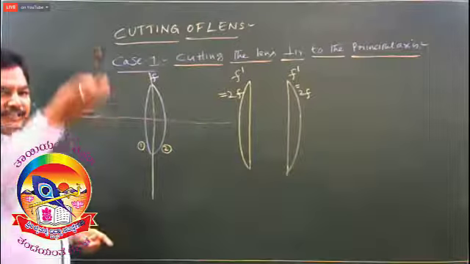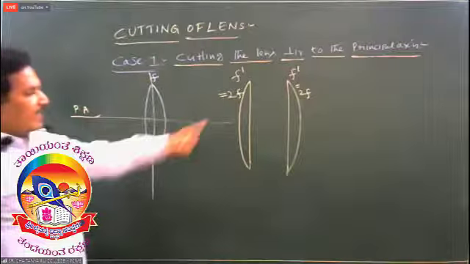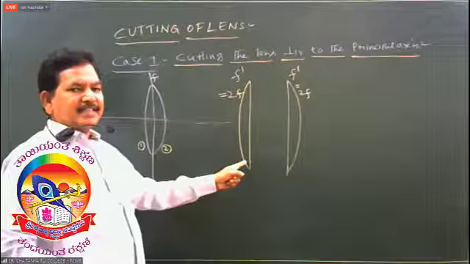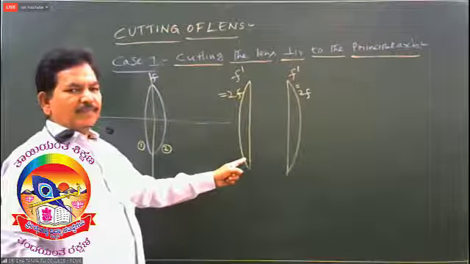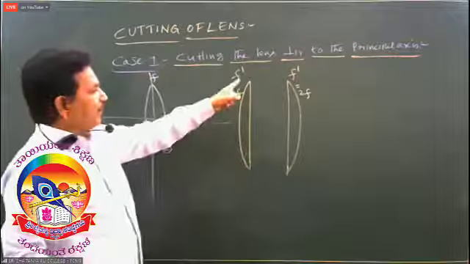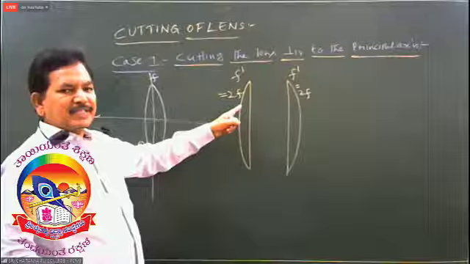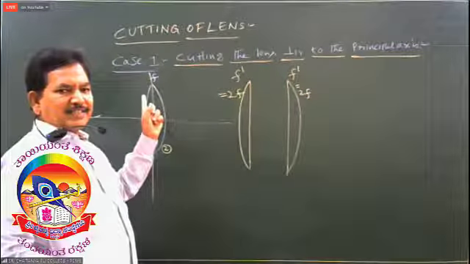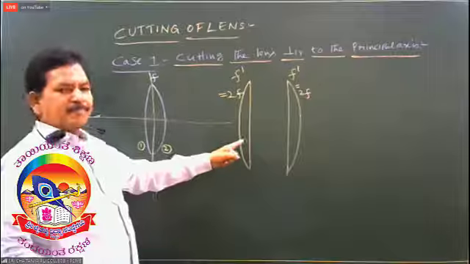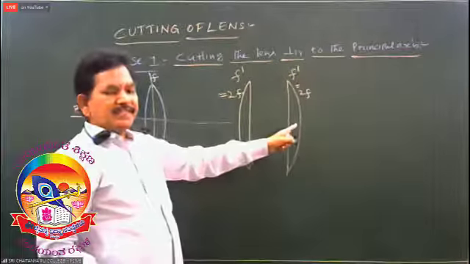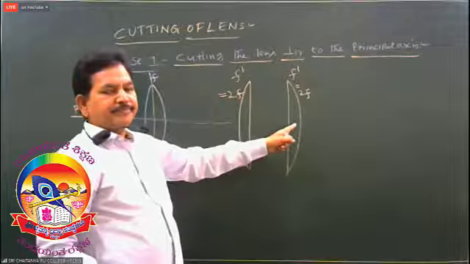When it was cut into two pieces, one surface is plane, the other surface is spherical. Only one spherical surface, one radius of curvature. Therefore, the focal length becomes twice the focal length of the single convex lens. The focal length of each piece is equal to 2f.